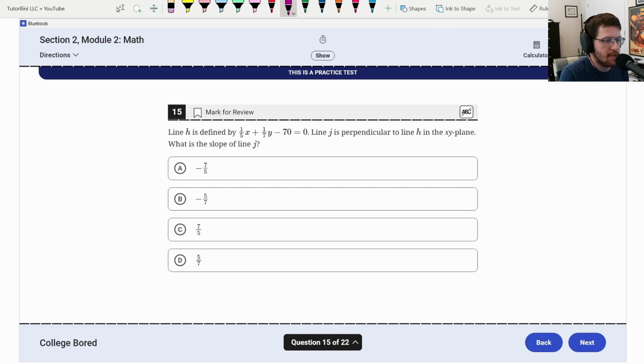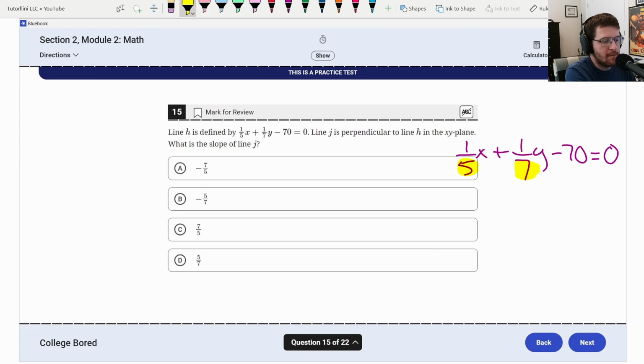Okay, question 15. So kind of the crux of this problem is we need to find the slope. And how we're going to do that is we are going to put it in slope-intercept form. That's probably the way most people are familiar with. And something I like to do is to get rid of the fractions. So I go over this in my clearing denominators video, Ottocento number 14.